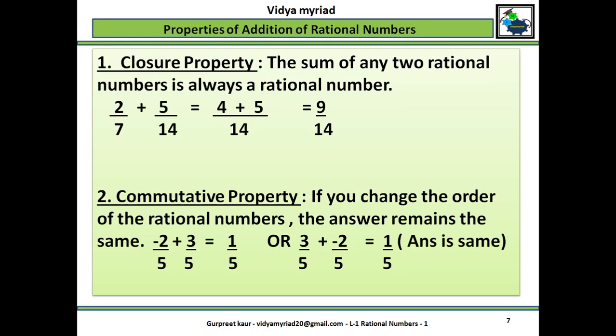Same way over here also, with my rational numbers, in this case I have minus 2 upon 5 plus 3 upon 5. When I solve this, I will get 1 upon 5. Okay. Now I change the order. I take 3 upon 5 first and minus 2 upon 5 second. When I solve this, again I will get the same answer, 1 upon 5. So the commutative property says that even if you change the order of the rational numbers, your answer will remain the same.